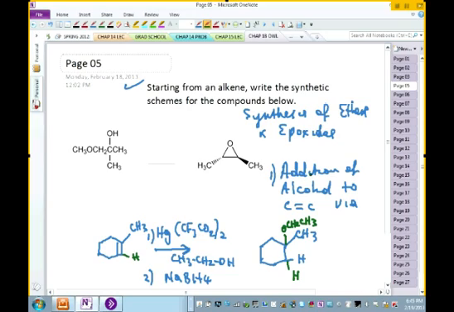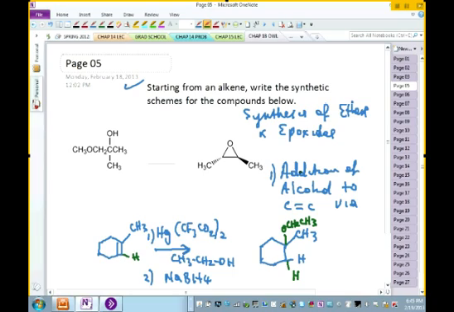Okay, so that is what we mean by addition of alcohol via oxymercuration, demercuration. So that is one method of making ethers. In other words, adding an alcohol to a carbon-carbon double bond.